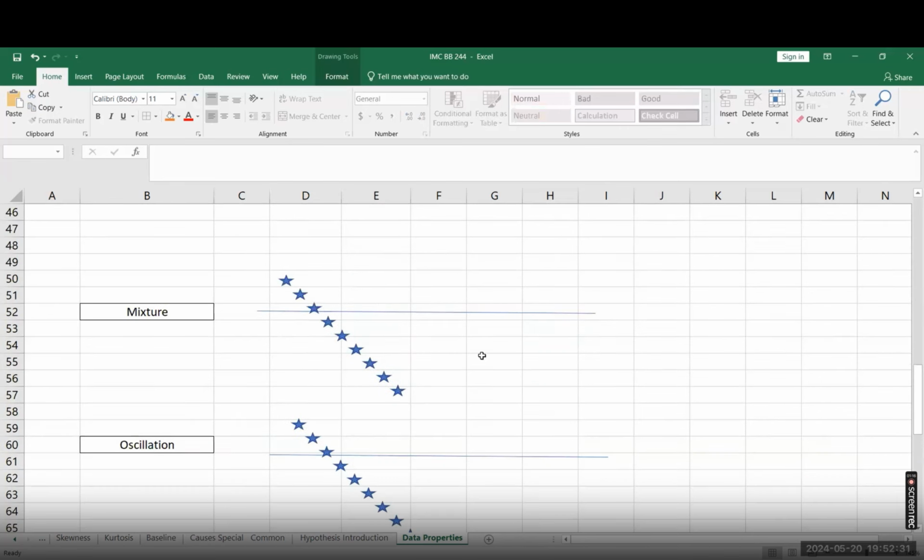So what is the mixture? Mixture means the data which you have collected is almost equally distributed on both sides of the center line, and they are almost the same distance away. Like this.